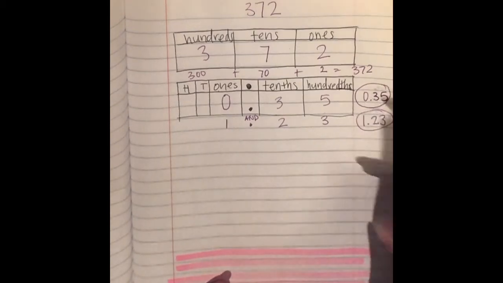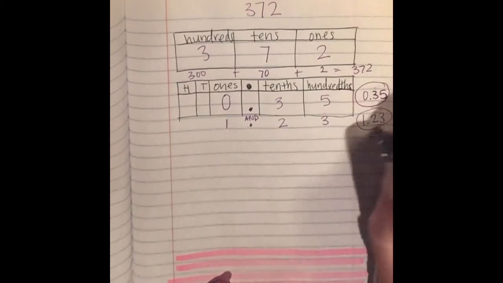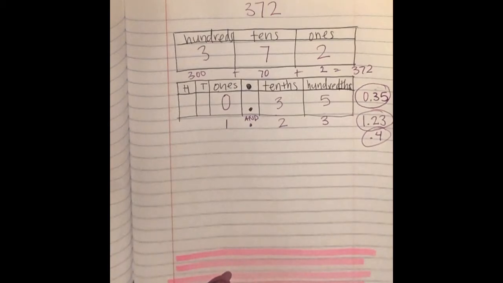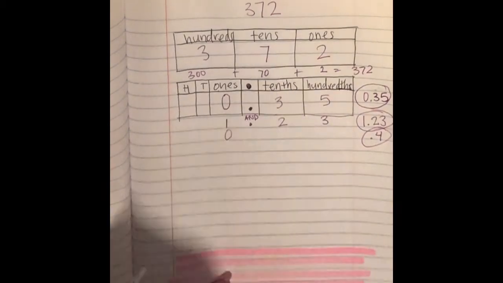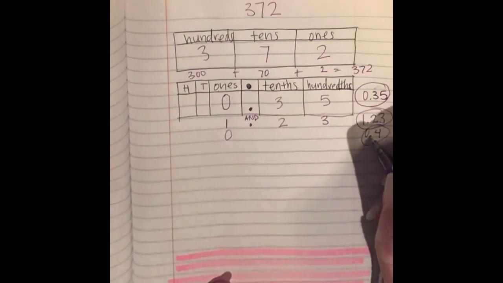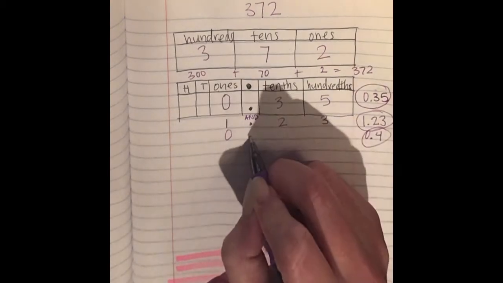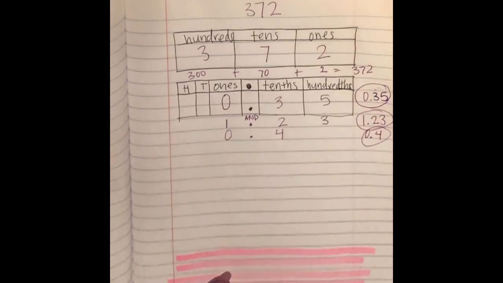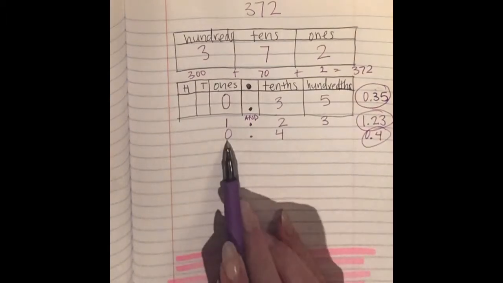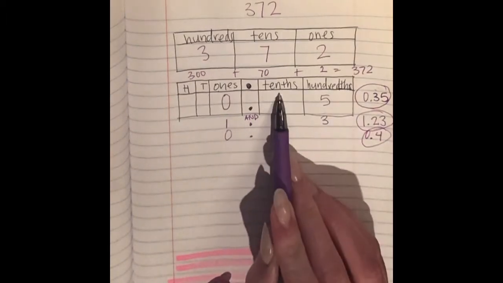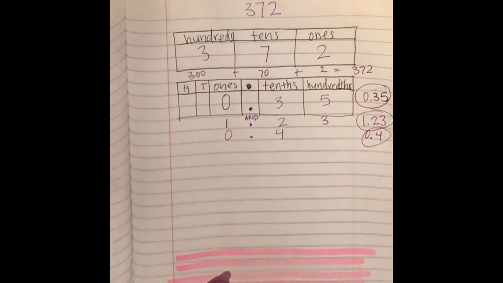What if I just have this? You gotta write your 0. You gotta make sure you always have that 1 digit before the period. And 4. So I'd say that as 0 and 4 tenths. That's just a little review on what a decimal is.